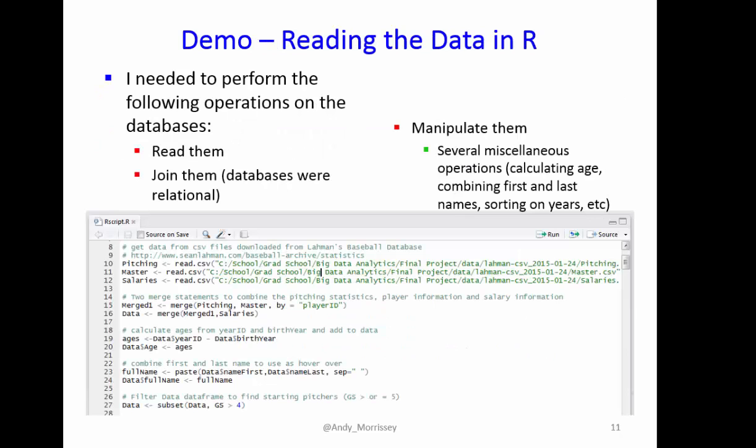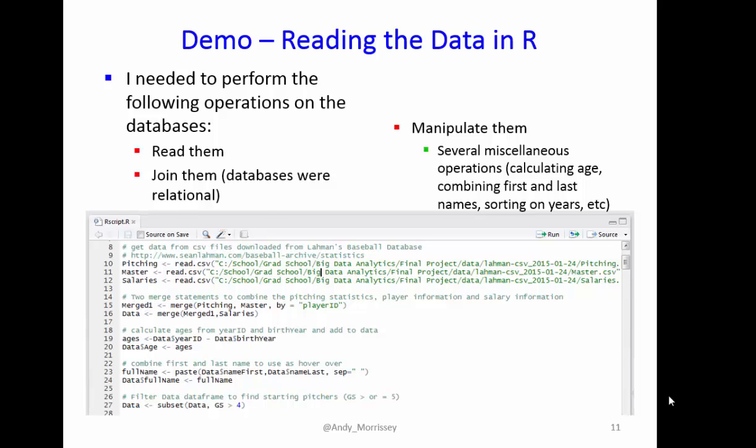Alright, reading the data into R. I needed to perform the following operations on the databases. Read them, join them. The databases were relational. For example, the pitching database had a player ID, and then you would have to go to another database to get the player ID's name and birth year.